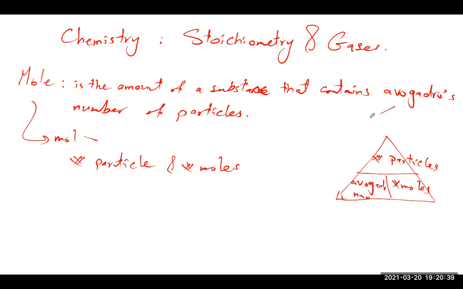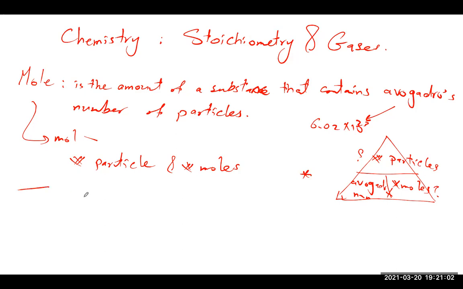Of course we know that Avogadro's number is equal to 6.02 times 10 to the 23. So if particles are unknown, we need to multiply number of moles times Avogadro's number. If number of moles is unknown, we need to divide particles by Avogadro's number. This is the first formula that we need to memorize.